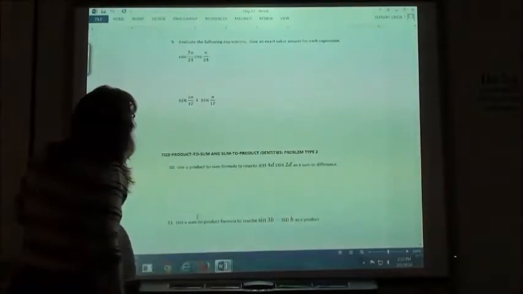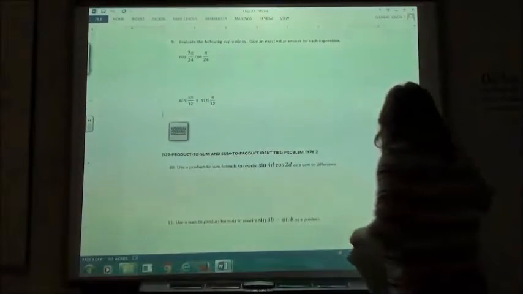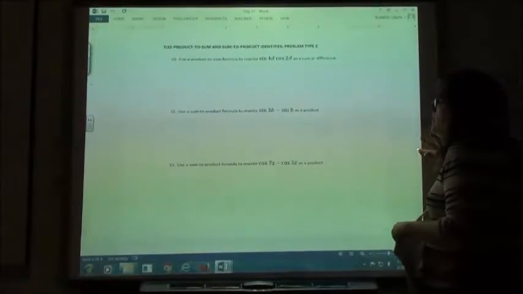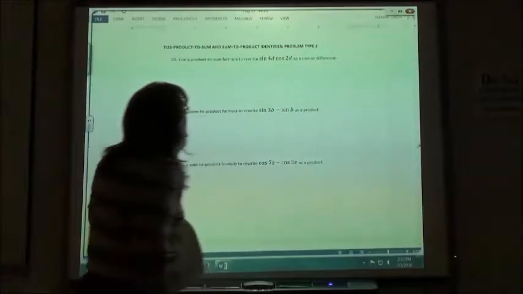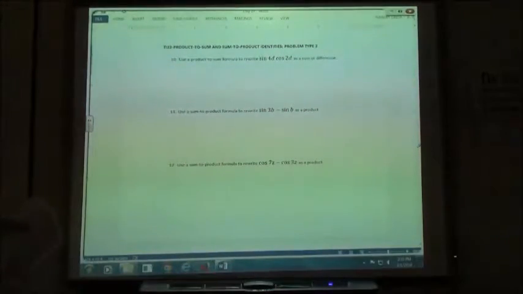So going back over here, if I go to number 10, it says use a product to sum formula to rewrite sine of 4d cosine of 2d as a sum or a difference. So we have the sine times the cosine.